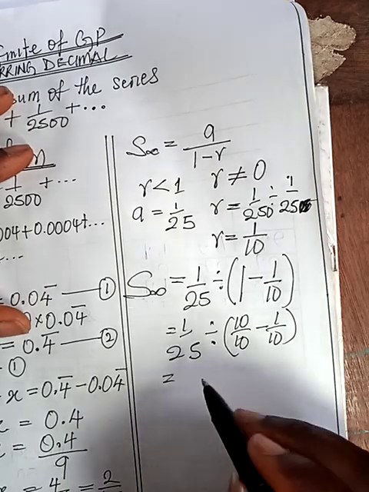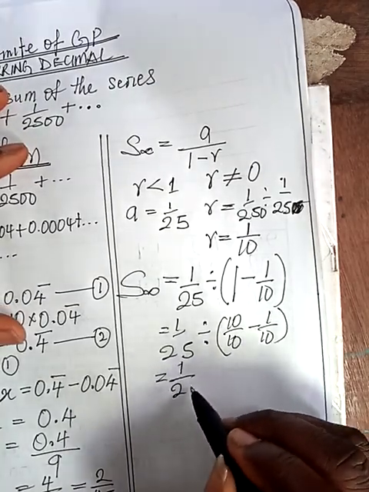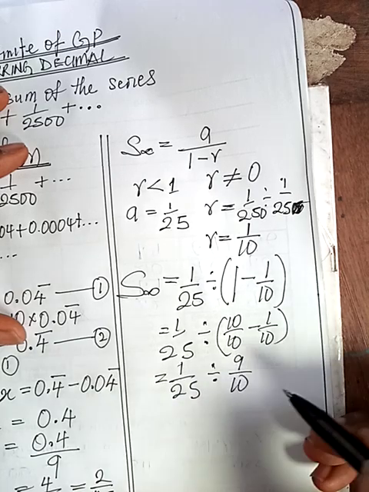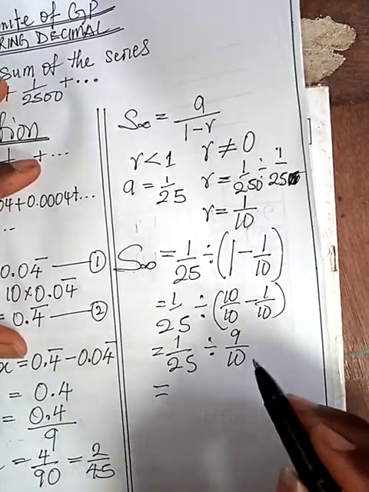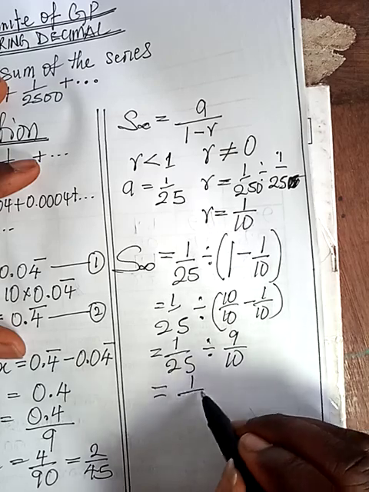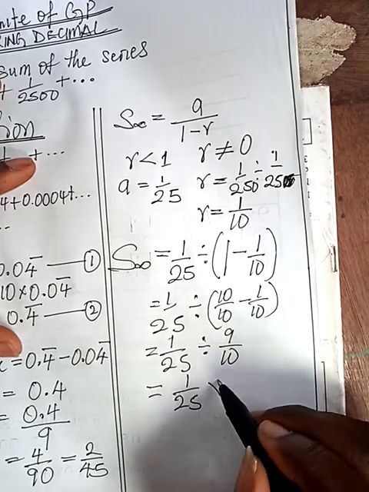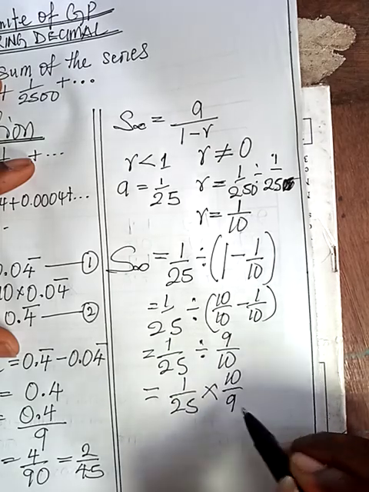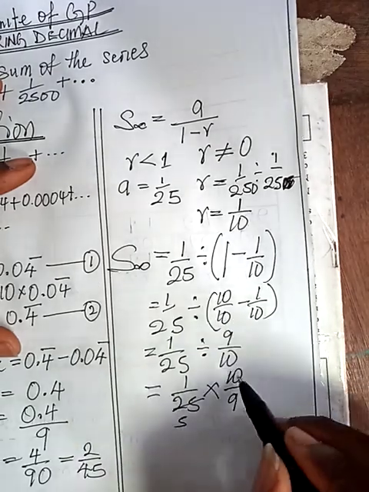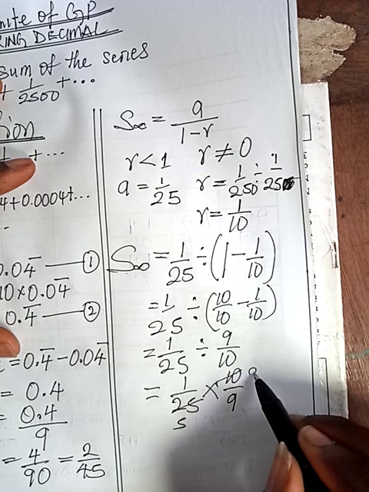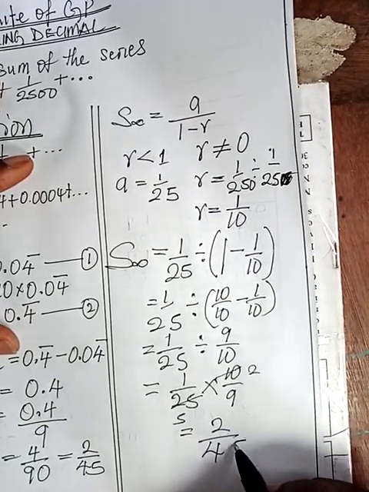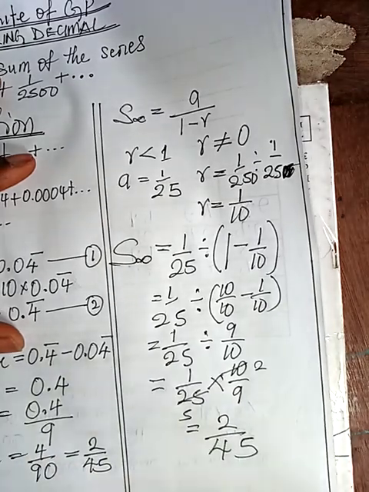This is 1 over 25 divided by 9 over 10, and that will be 1 over 25 times 10 over 9. Now 5 here is 5, 5 here is 2. So my final answer will be 2 over 45, just like you got it here.